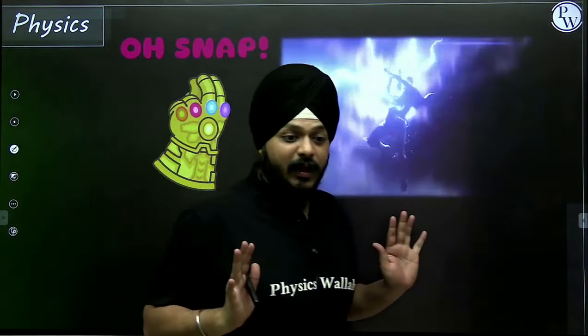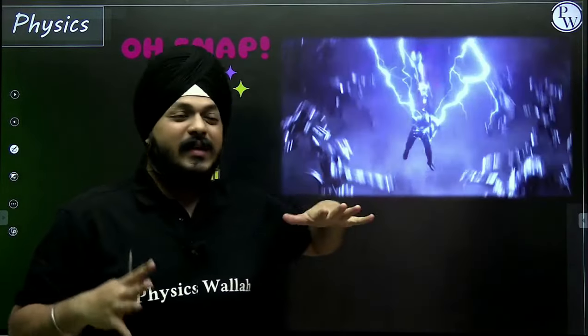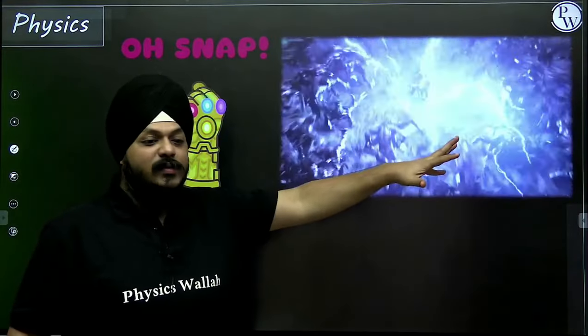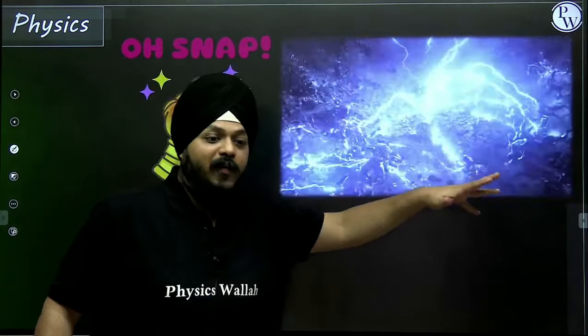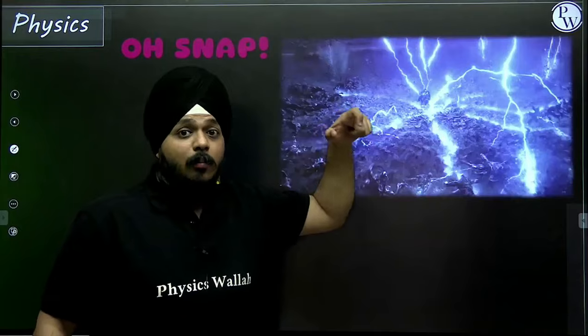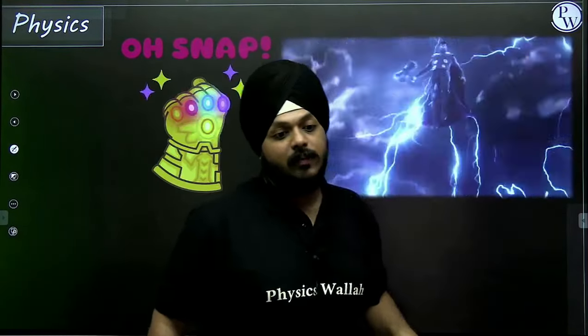Okay, so physics. I want to begin with a story. Suppose, let us take an example. I'm standing here and Thanos is standing in front of me. The example is quite simple. You have to imagine, but lots of important stuff is going to come from this specific part.